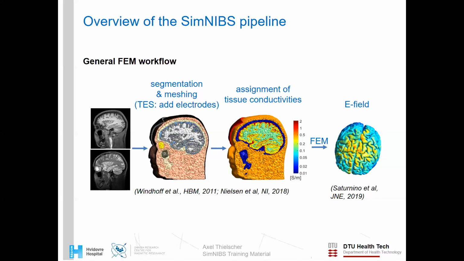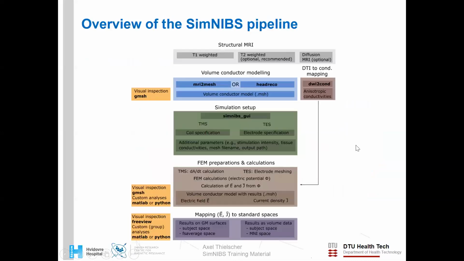Actually, the calculation results represent the field in the complete head here. Usually we restrict the visualization only to the part which you're interested in, which is the brain. But you can also explore the other parts if you have certain interest in that.